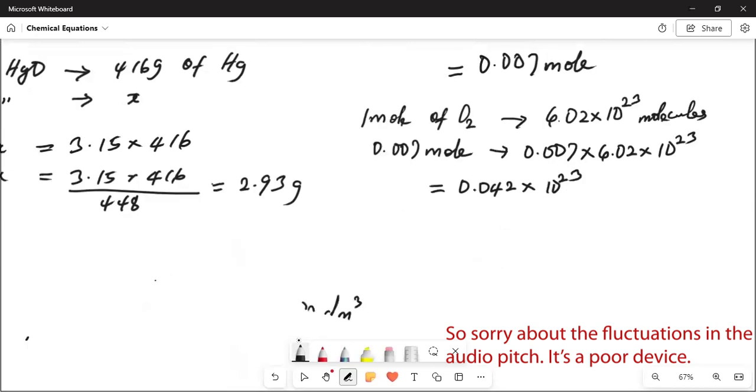Expressing this in a proper standard form, I'm moving the decimal point 2 decimal places. So this becomes 4.2 times 10 to the power 21 molecules.